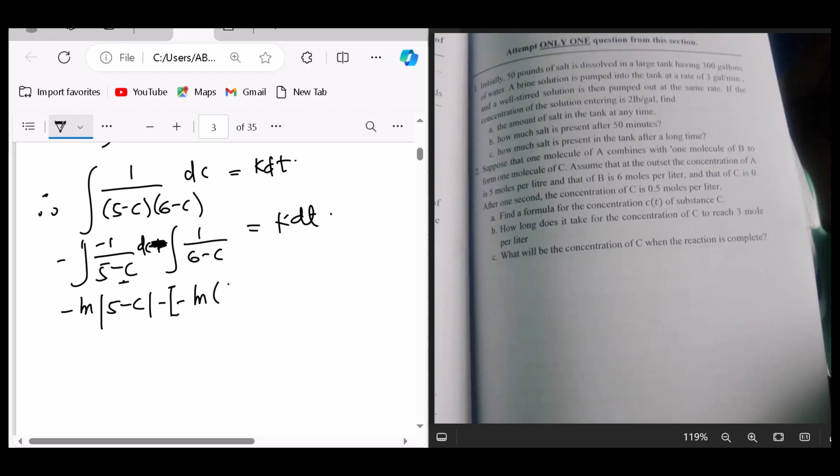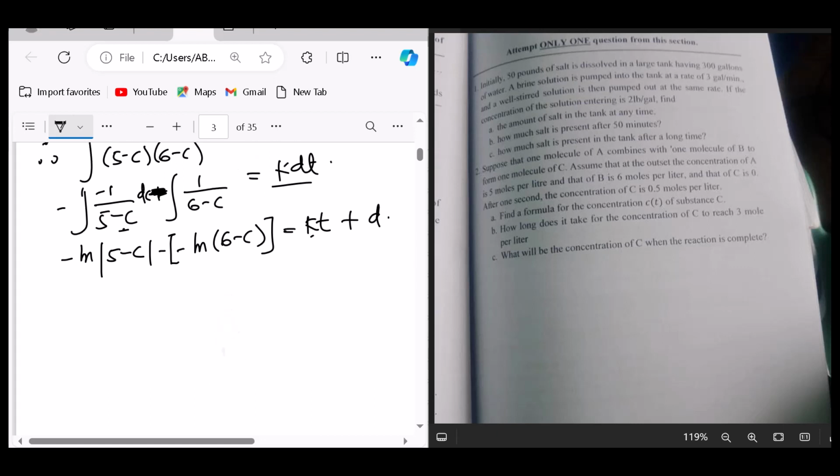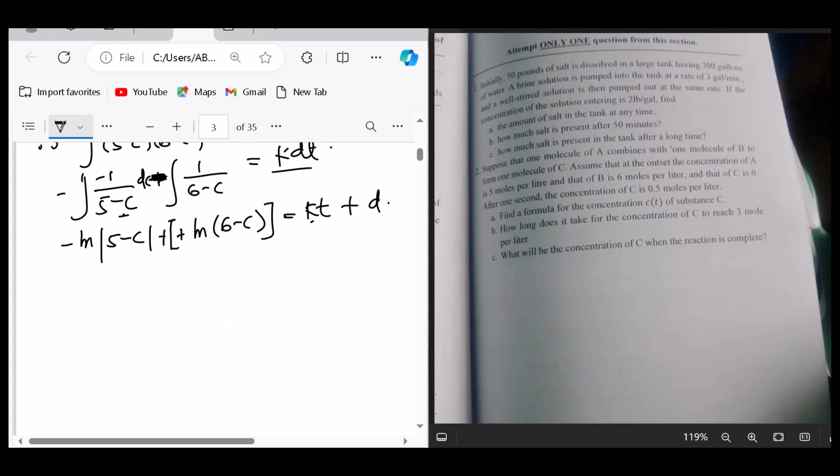This equals kt plus, since we have k here and C inside, our constant of integration will just be D. Here and here will make it positive.